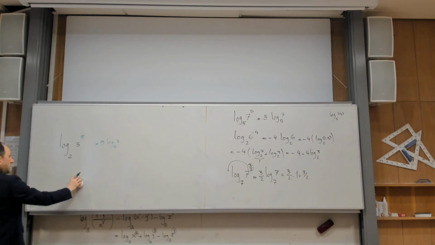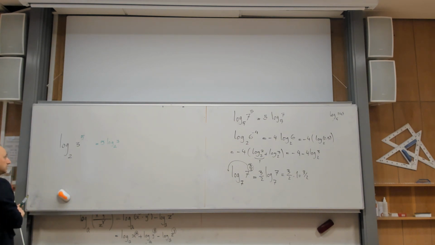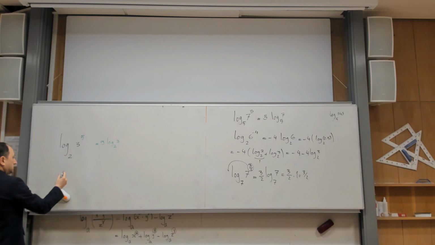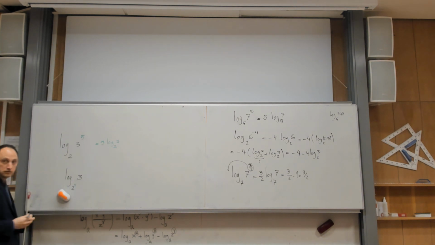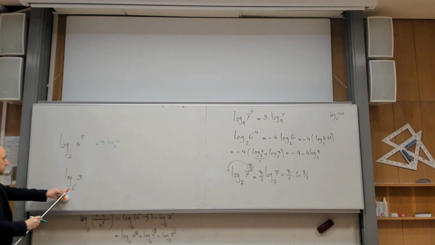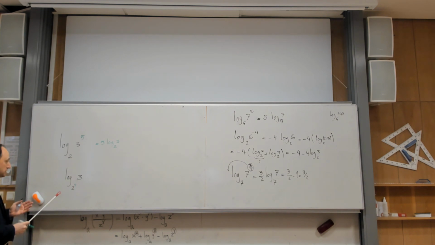Now my question is that I give you the same thing, but this time I put 5 here, in the base. Might be there are no nice relations here, but there is a nice relation.